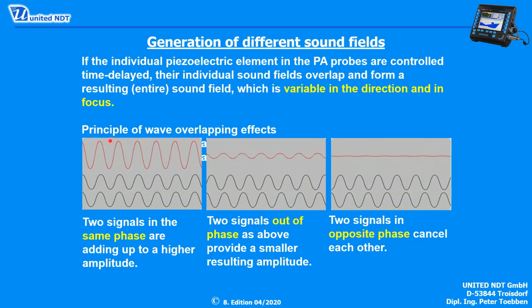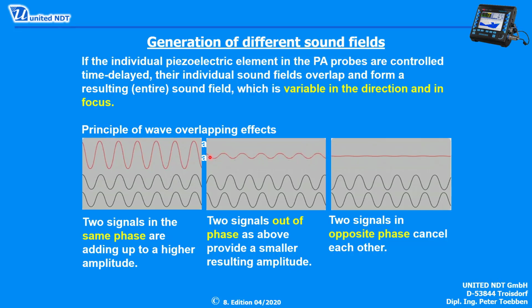That means those individual waves are overlapping each other, and when they overlap, if you change the timing, you can create different effects. For example, here there are two signals which are out of phase. This one receives the pulse over here, the other one has already received the pulse and is now negative, while this is positive, and at every single point you have to add both values, the negative here, the positive there, and then you see the results here on the top.